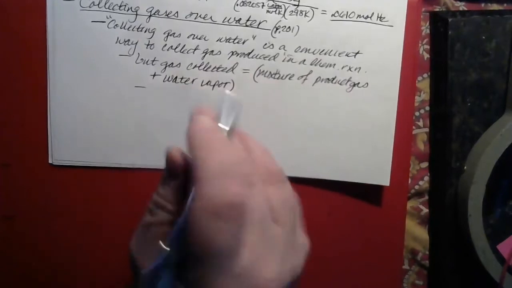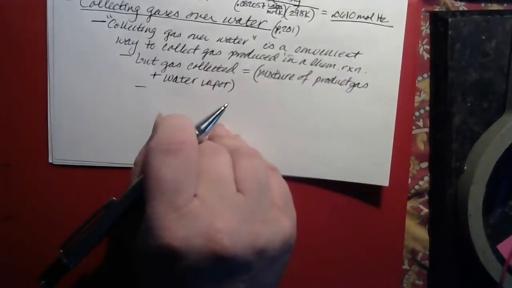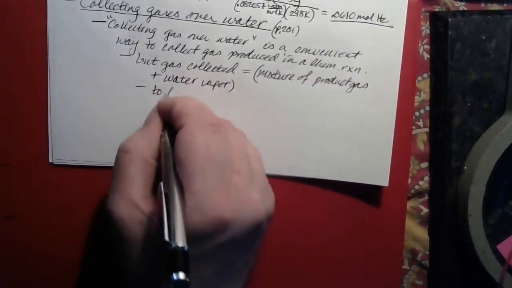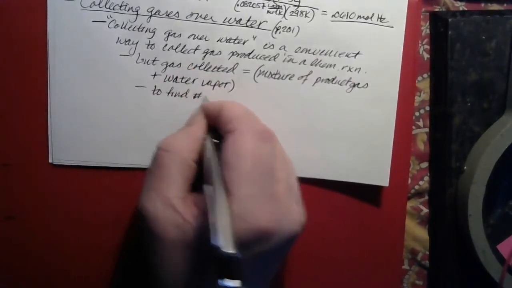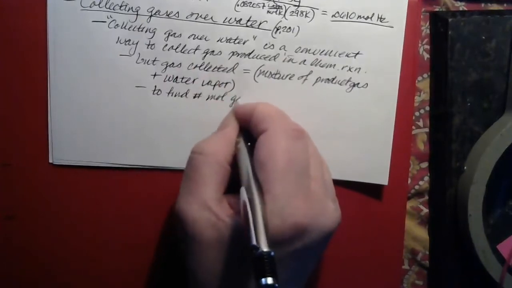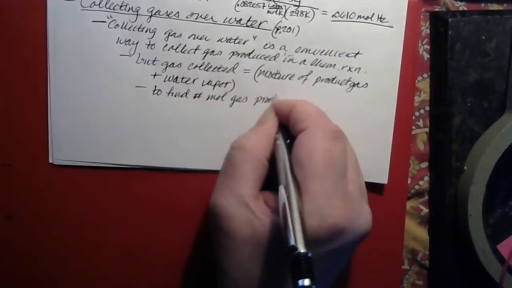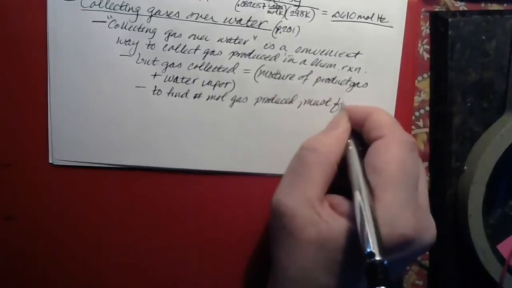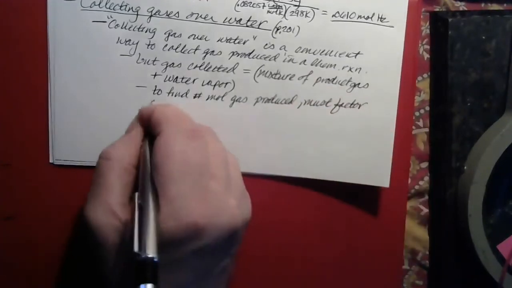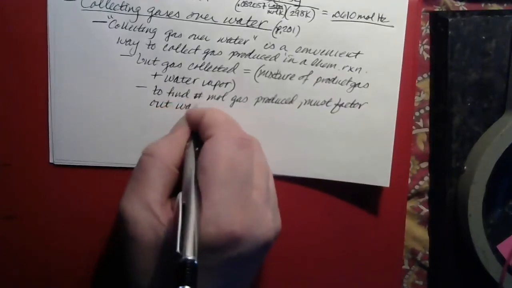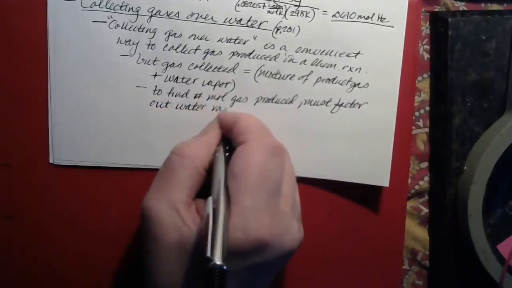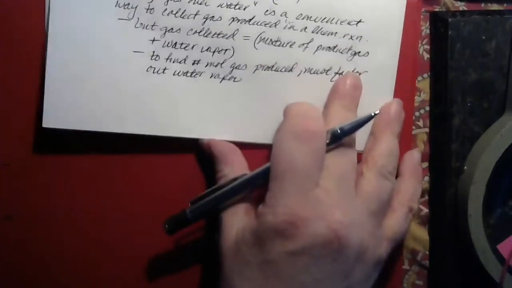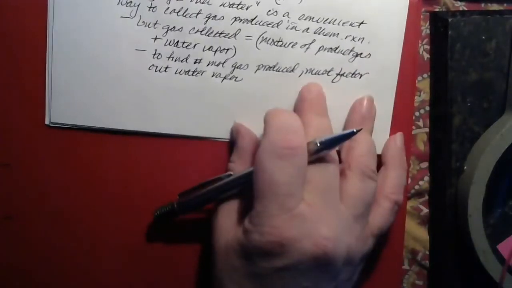Okay, so to find the number of moles of gas you produced, you have to factor out the water vapor. The easiest way to do that is with Dalton's law of partial pressures.